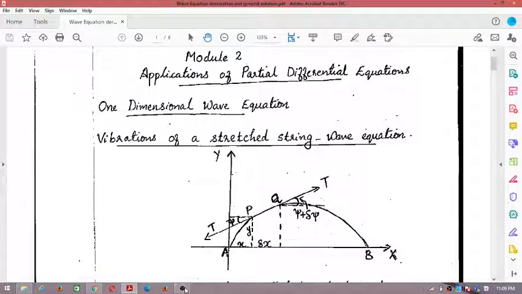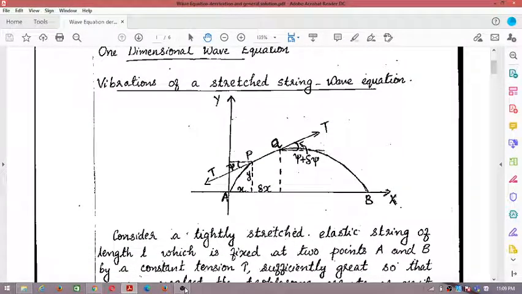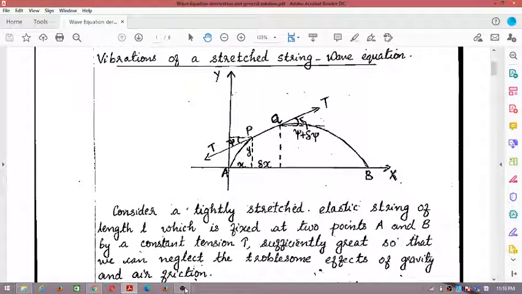Let us look at this picture. A string, which is elastic, having length L, is stretched and fixed at 2 points, capital A and capital B, by a constant tension capital T, and T is sufficiently great so that we can neglect the effects of gravity and air friction.